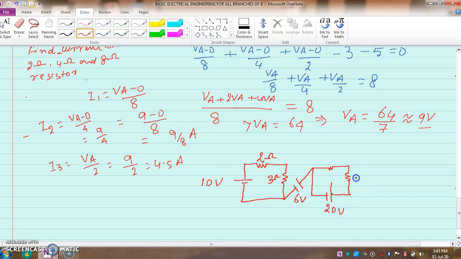This is 2 ohm and this is 3 ohm, and suppose this point is A, this point is B, this point is C, this is D, this is E. This is another problem.